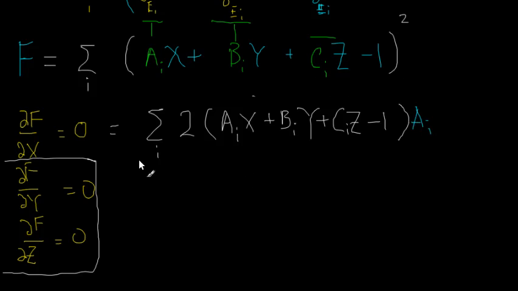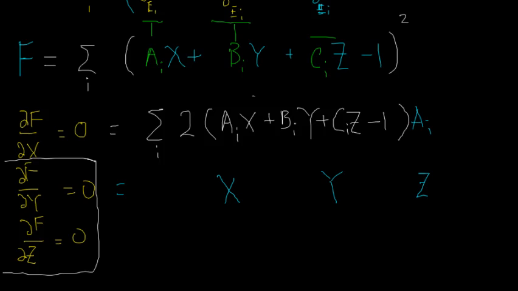So that's a_i. Next, I'm going to rearrange this into a simpler form. I'm going to collect together the terms, the coefficients of x, y, and z separately. I'll start by separating this out, x, y, z.